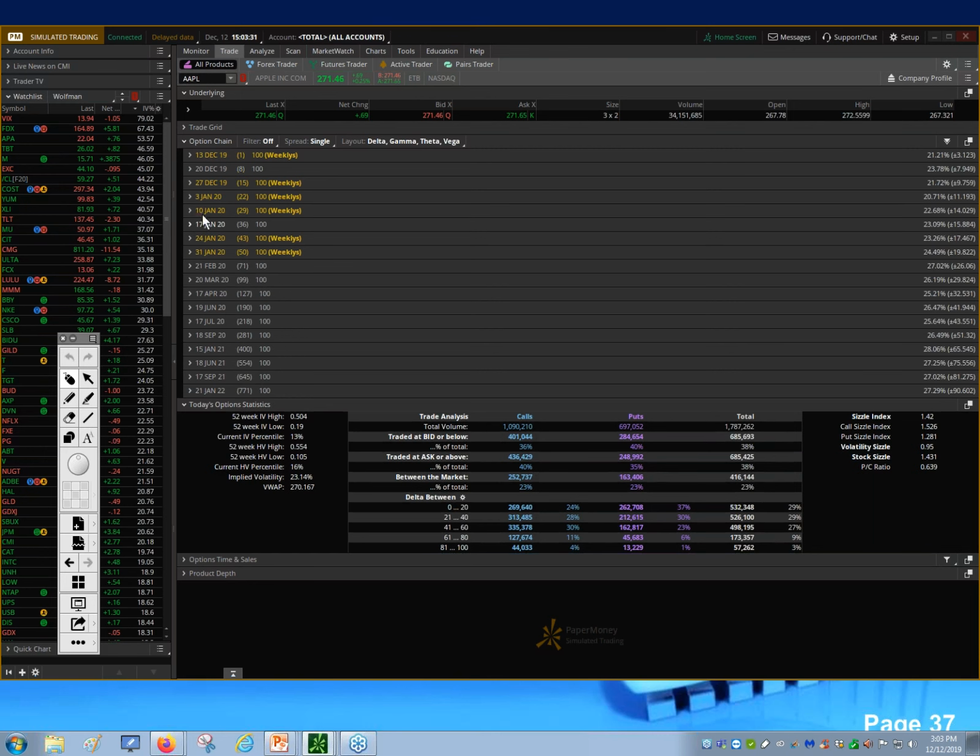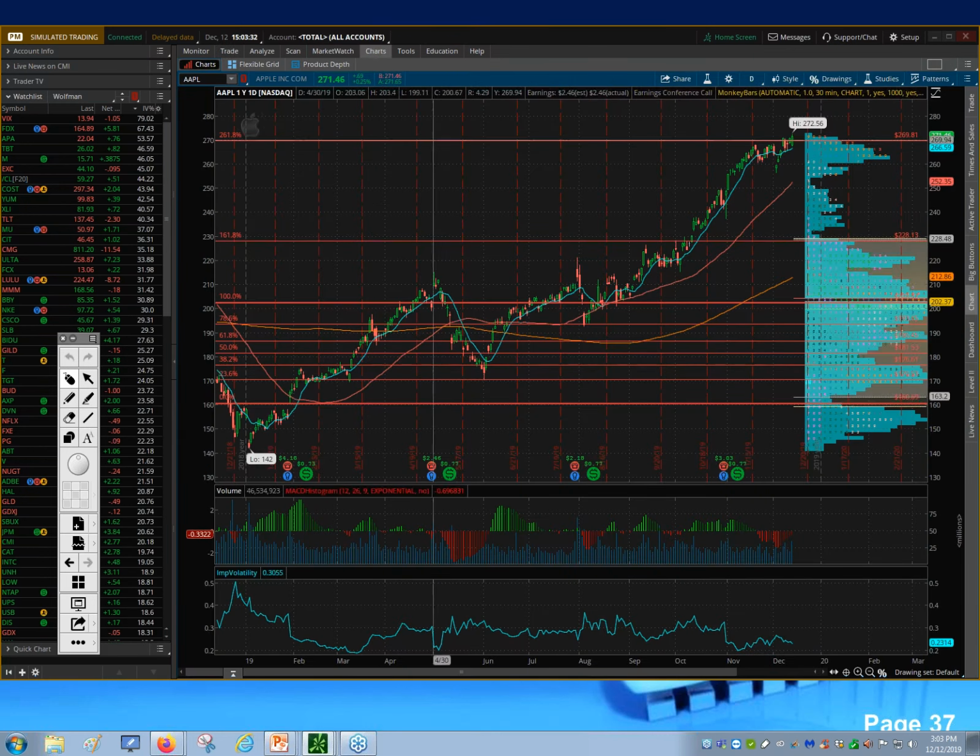But if you're on one of the other platforms and they don't have it, you need three locations: the high, the low, and where the current IV is trading. If we look at the high, we can call it 51. The very low is, let's say, 18. So 51 and 18 are the high and the low.